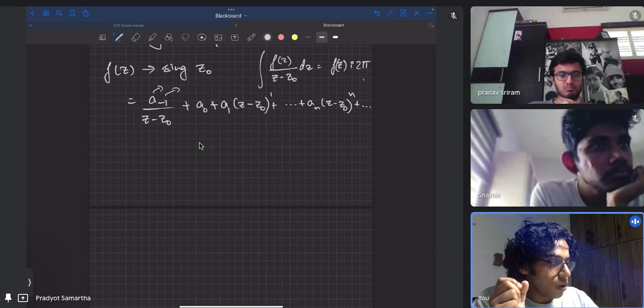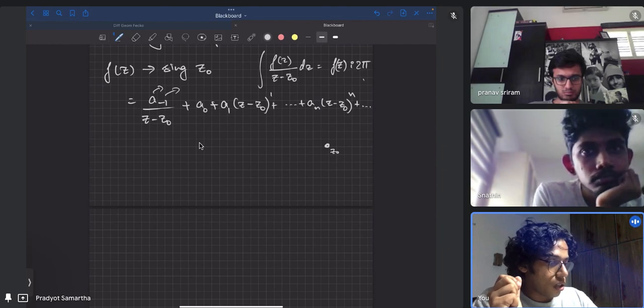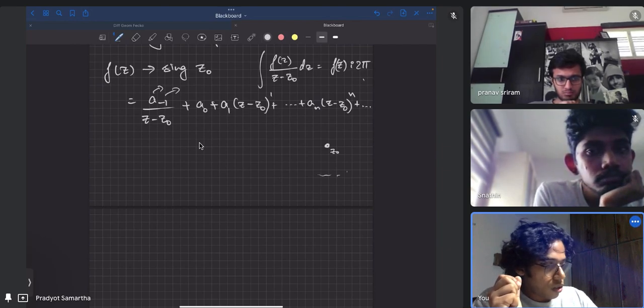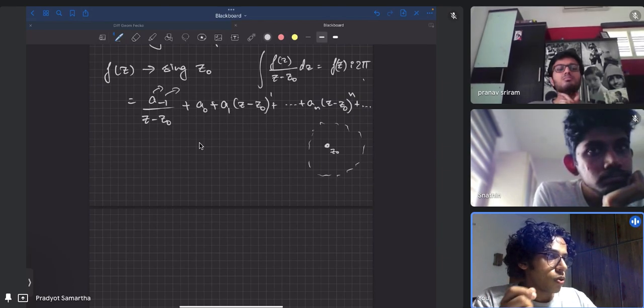For example, if you have a singularity here at z naught, then you have a contour integral around z naught. This contour can be reduced into two parts.